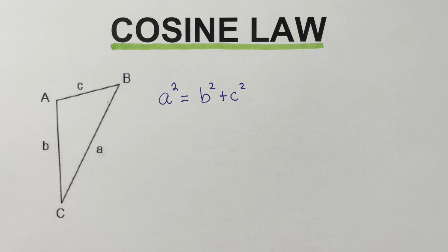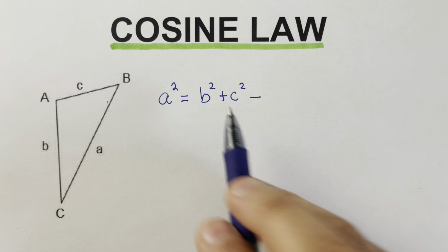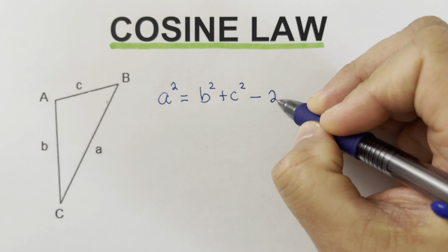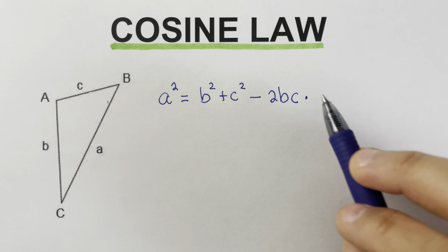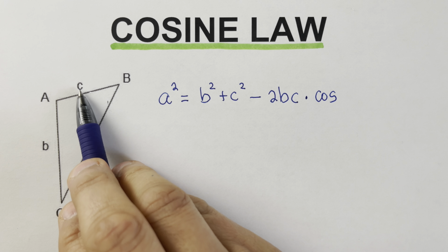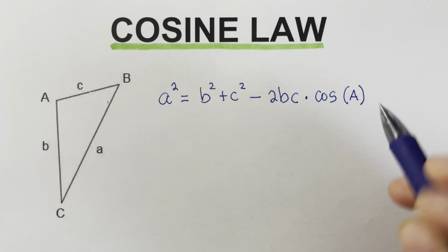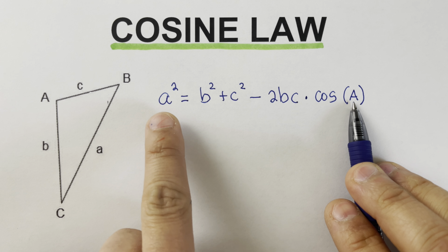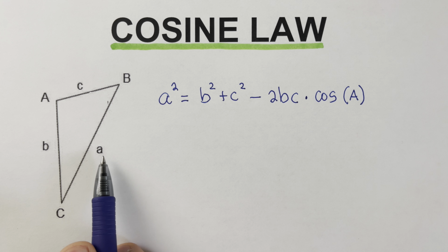The cosine law further states that we minus twice the product of these two sides, so that would be 2bc times the cosine of the angle between them. The angle between these two is angle A, which is the angle across the side a. So this is how we solve for a.